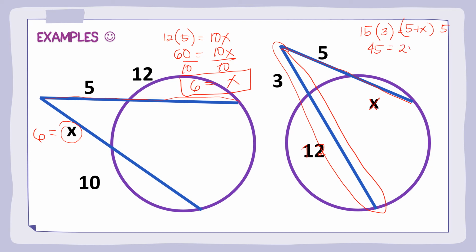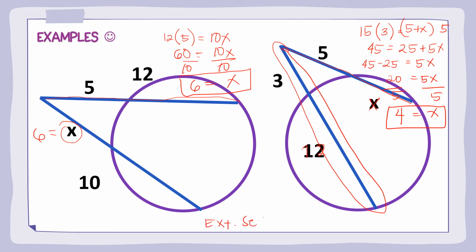This is 25 plus 5x. 45 minus 25 is equal to 5x. 45 minus 25 is 20. And dividing both sides by 5, we have x equals 4. So the missing measurement is 4. Again, kapag external secant, lagi yung isang buo times nasa labas is equal to isang buo times nasa labas. Okay?